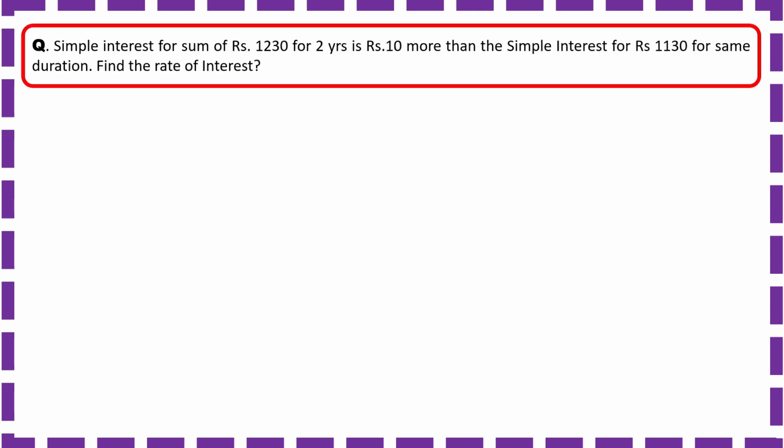Simple interest for a sum of rupees 1230 for 2 years is rupees 10 more than the simple interest for rupees 1130 for the same duration. Find the rate of interest. In both cases, the time period is the same, 2 years. Whenever we find these kinds of problems, we have to make an equation so that we can do it easily.